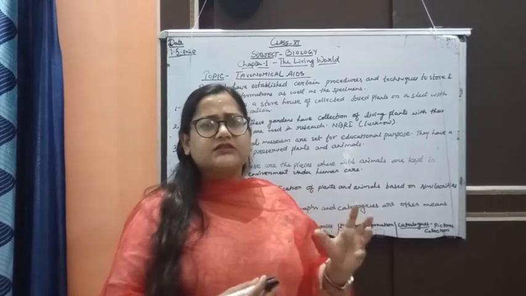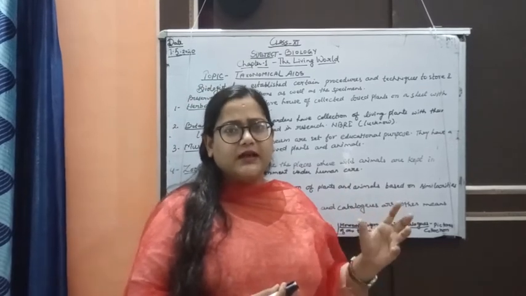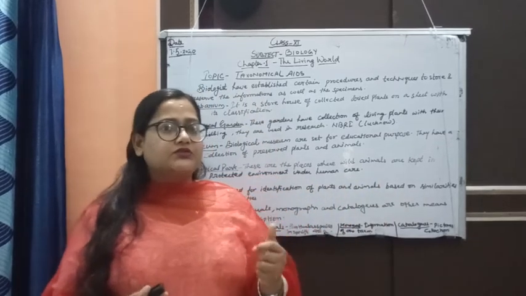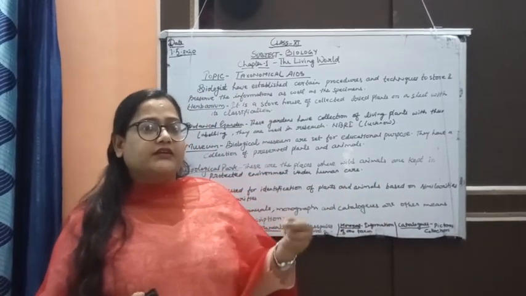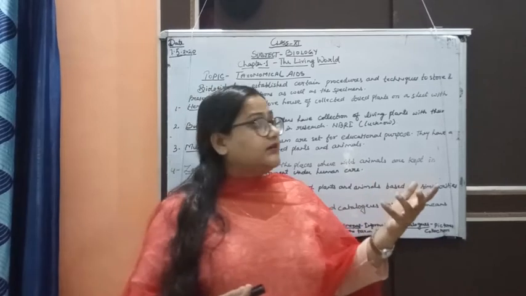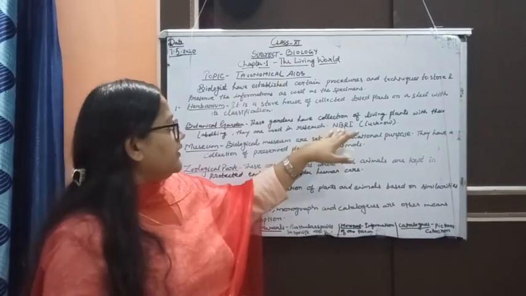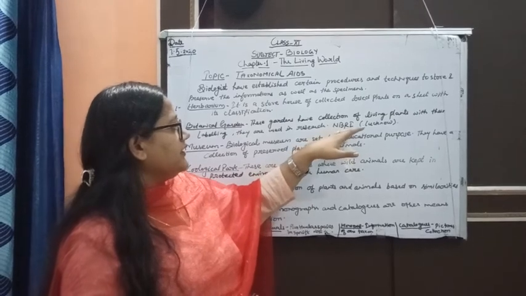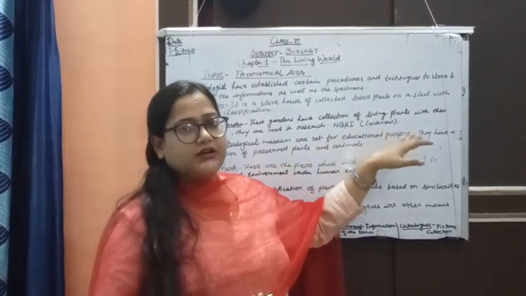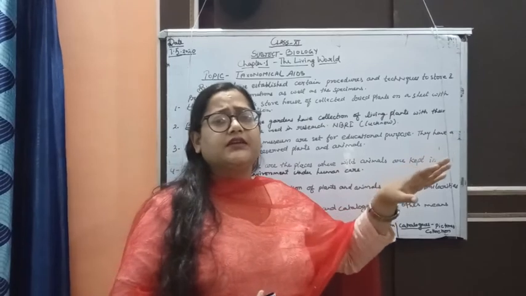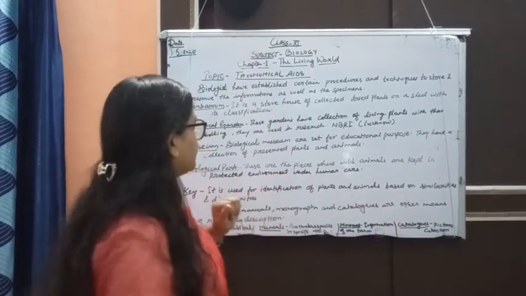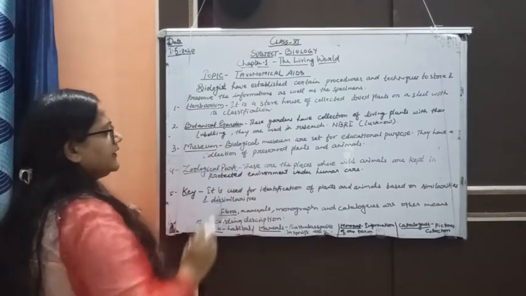Because research is going on in these gardens on different species of plants, so that more studies can give more medicinal plants. Here I have written one example, NBRI, National Botanical Research Institute, in Lucknow. Here different kinds of plants are grown on the field for our use. So these are the botanical gardens.